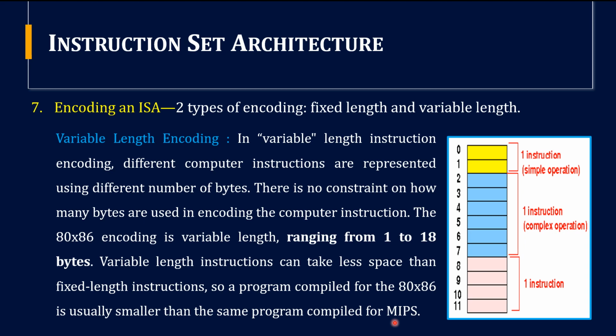Each instruction will be 4 bytes long, whereas the 8086 follows the variable length instruction, which takes less space compared to the fixed length instructions, and so the program compiled for the x86 is usually smaller than the same program compiled for the MIPS. MIPS makes use of fixed length encoding, whereas x86 makes use of variable length encoding.